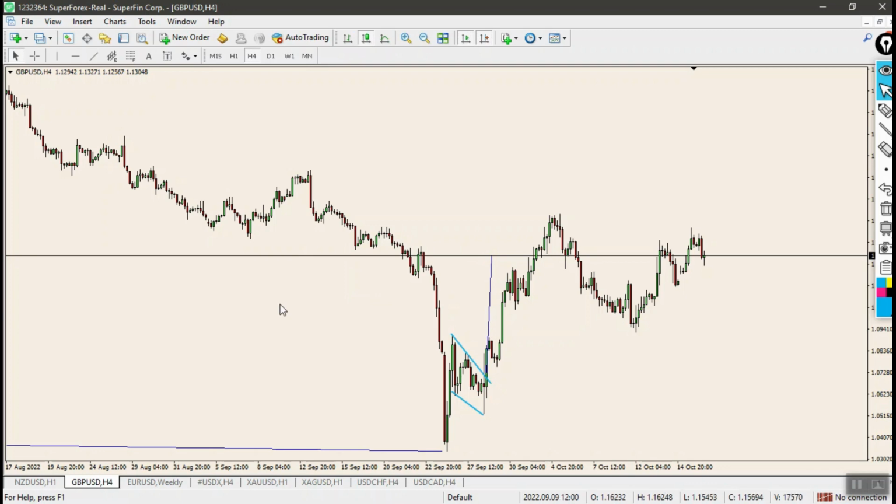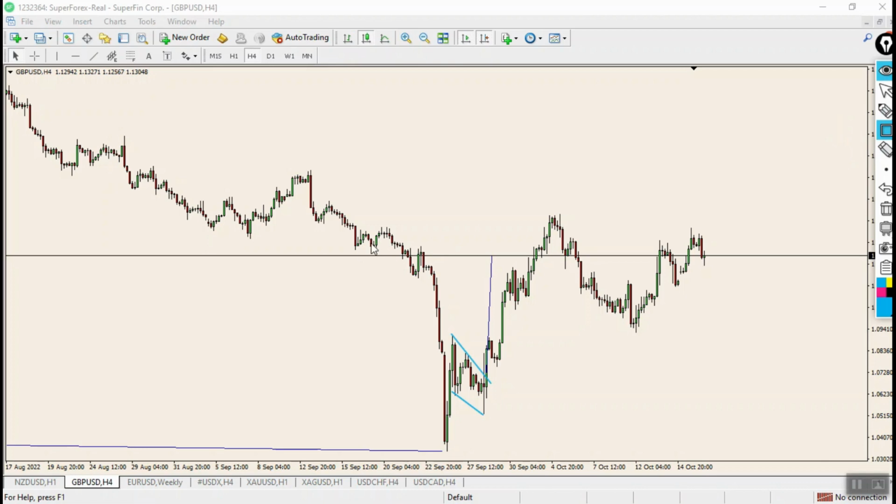Here's the zone that I speak of, right here. There's a big zone going through price. So entering here, you would have exited at this zone up here, and you would have gotten out easily with profit.